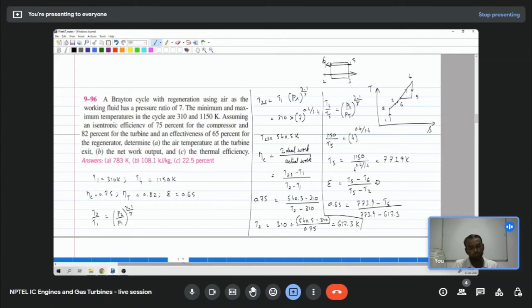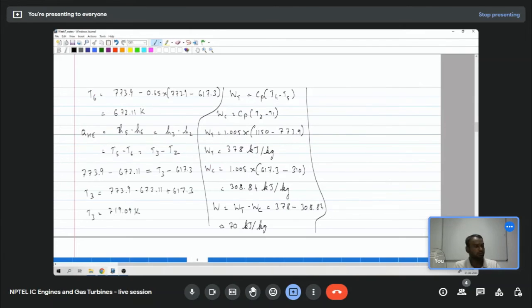So we have found the work output, and next is the thermal efficiency. For thermal efficiency, we need to find Q in, and that is H4 minus H3.